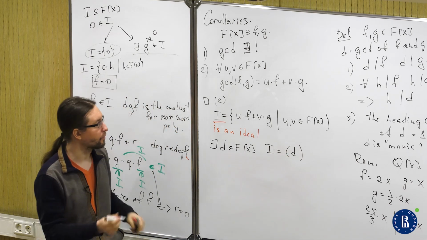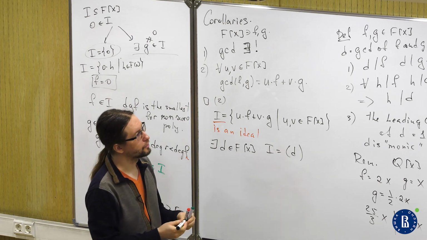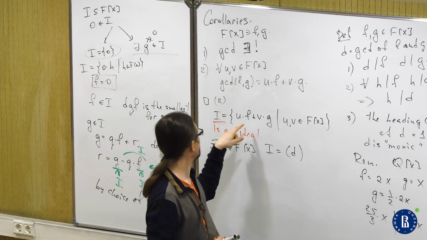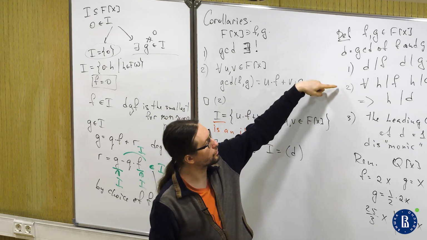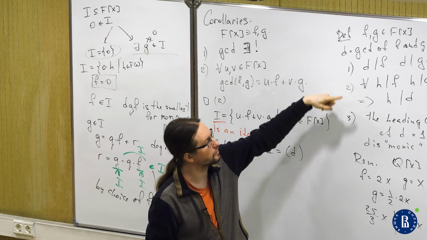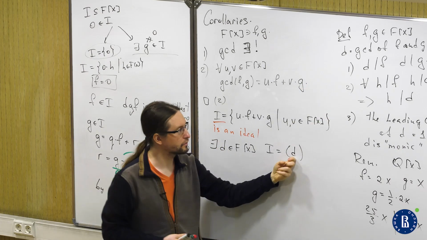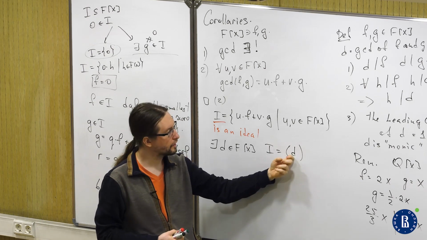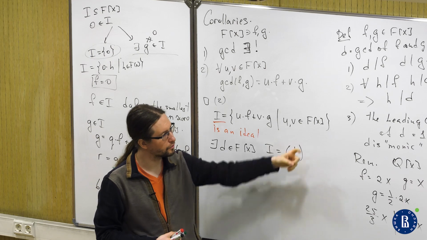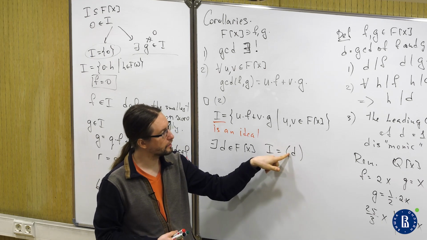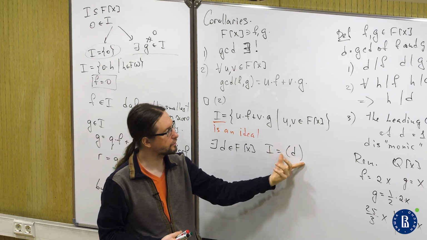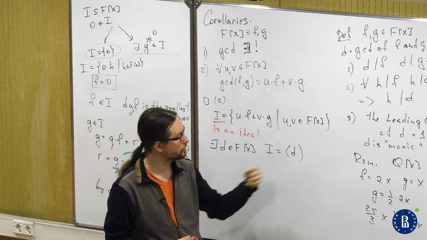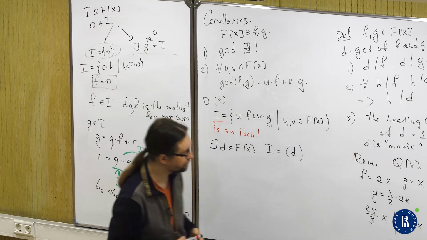For that, we need to show that d divides f and g, and that every common divisor divides d. Then we should switch to the monic d. If the leading coefficient of d is not 1, we can multiply d by a coefficient, and it doesn't change the ideal on the right. So we may switch to the monic d.